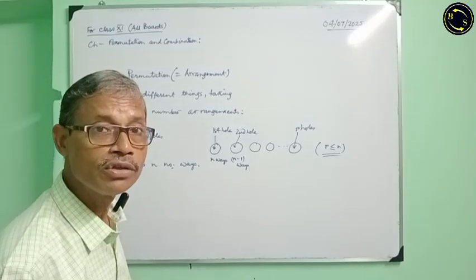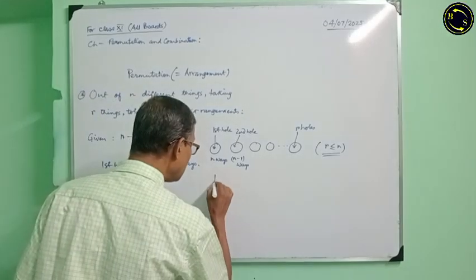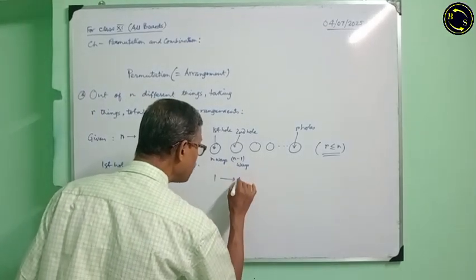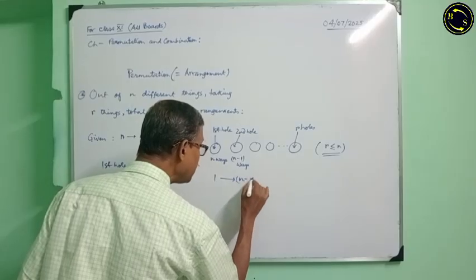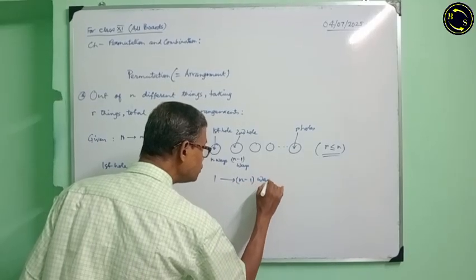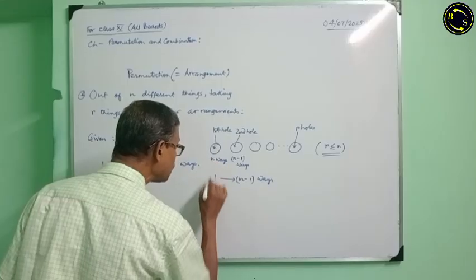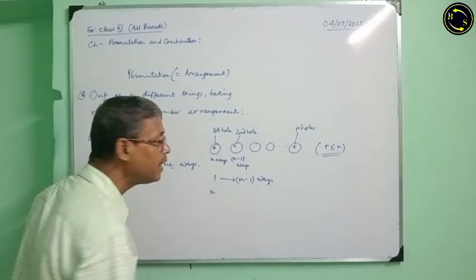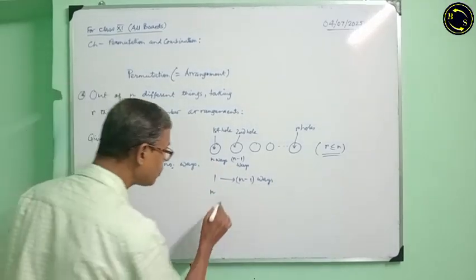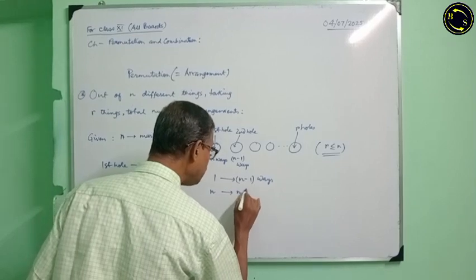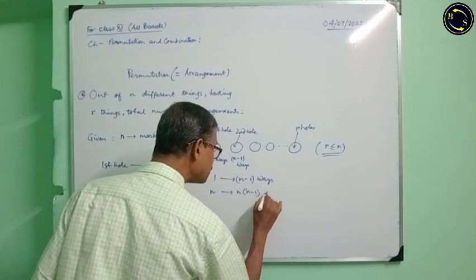Following the multiplication method, filling in one way, the second one is filled in n minus 1 ways. Therefore, total ways will be n into n minus 1 ways.